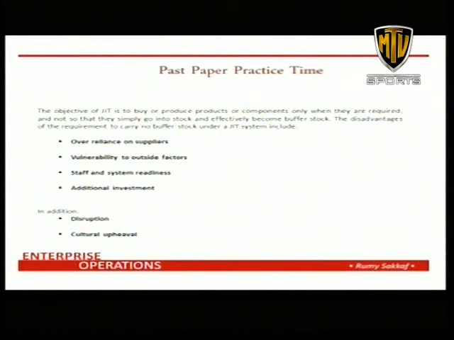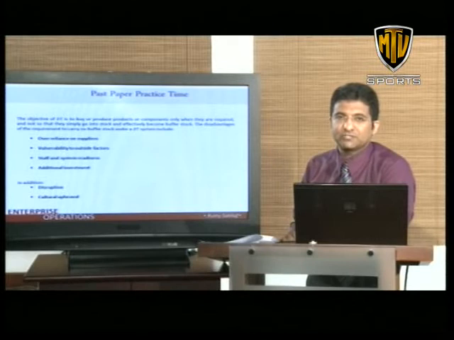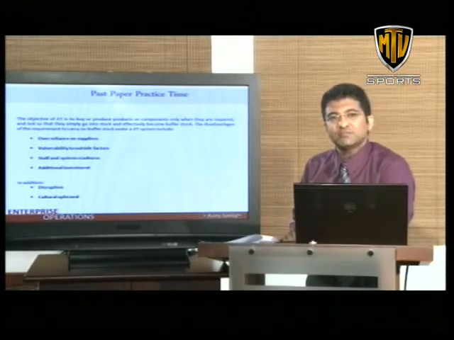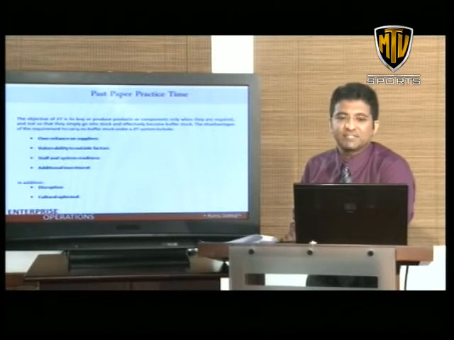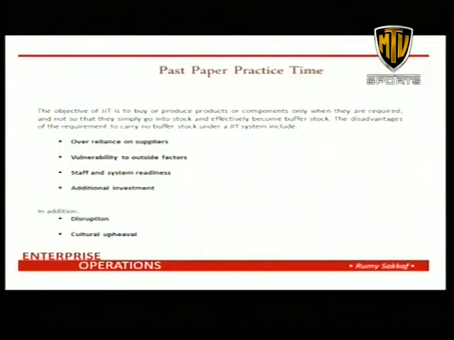The next is vulnerability to outside factors. As we know, certain environmental factors are very sensitive, such as natural disasters. So sometimes natural disasters will place limitations on practicing the just-in-time system smoothly. The third is staff and system readiness.